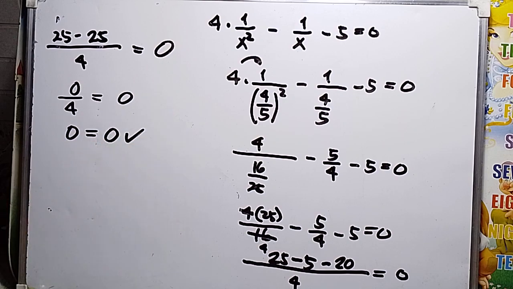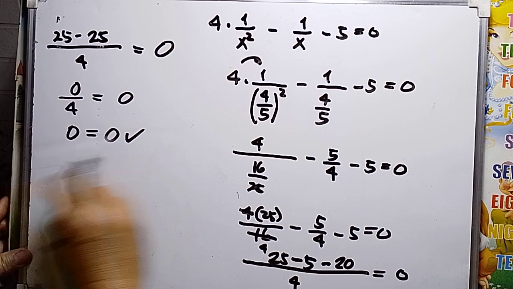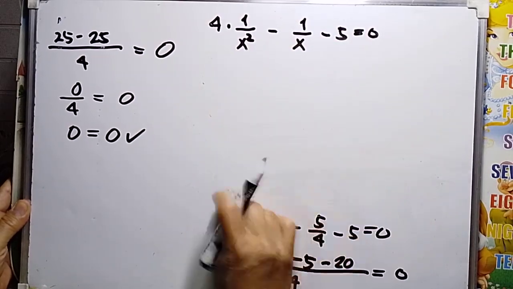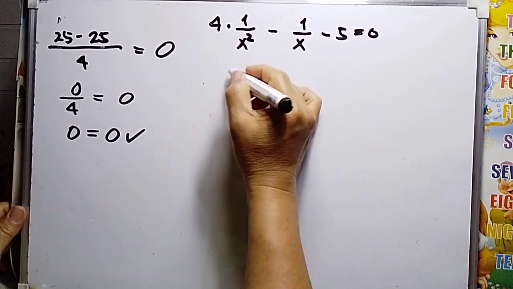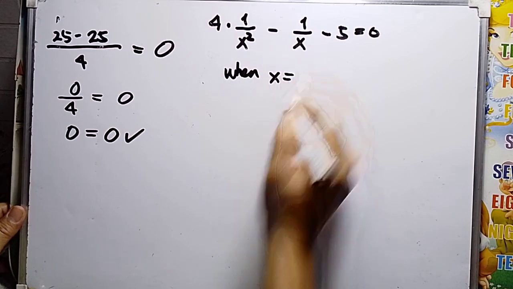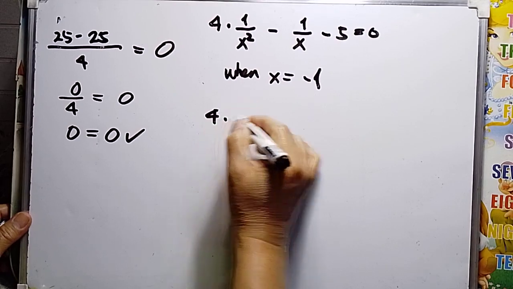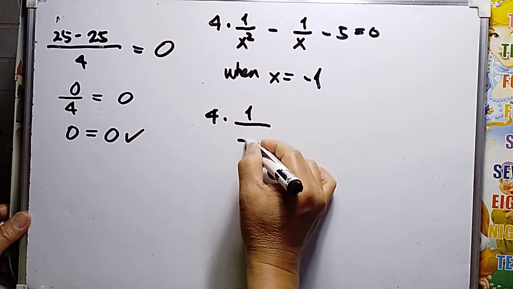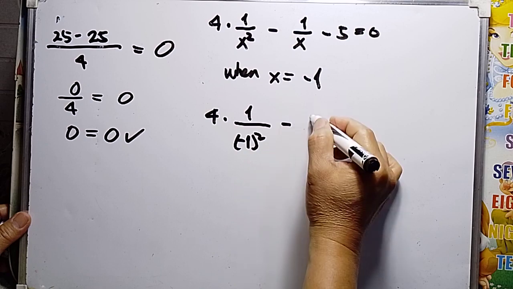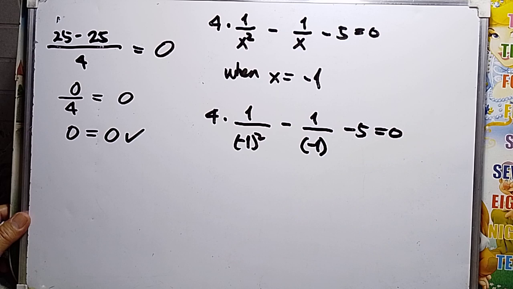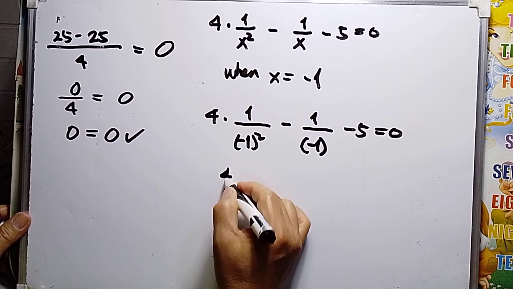So for the first value, x equals 4 over 5 is correct. How about the other one? When x is equal to negative 1, this will be 4 times 1 over negative 1 squared, then minus 1 over negative 1, minus 5 equals 0.